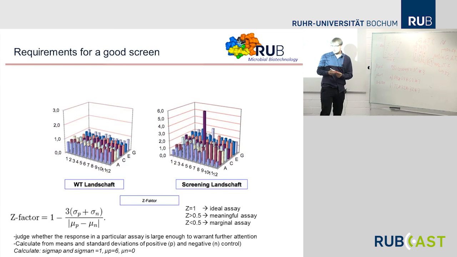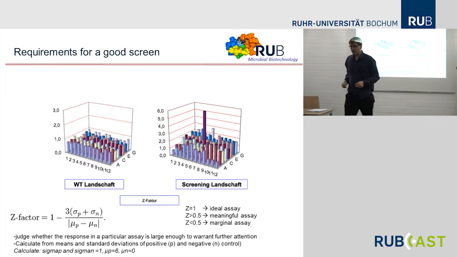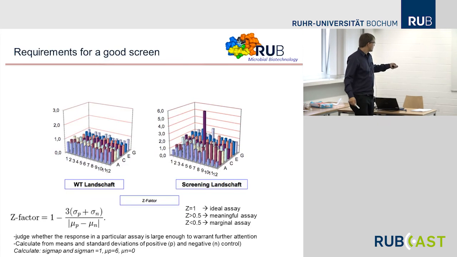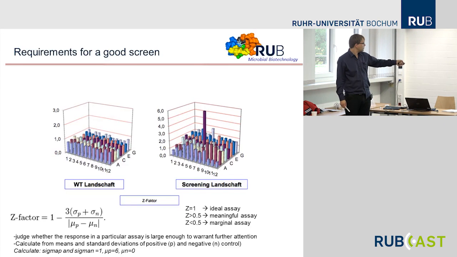And then you can calculate if this is feasible. So if the Z factor is smaller than 0.5, it doesn't work. If it's bigger than 0.5, then it's robust enough. That's the rule of thumb, easy to calculate, but this is another check you should do.